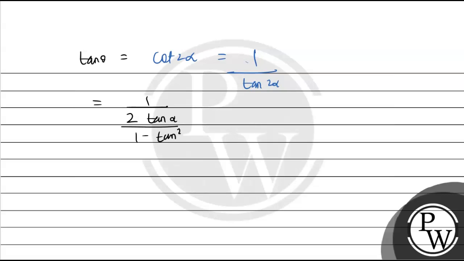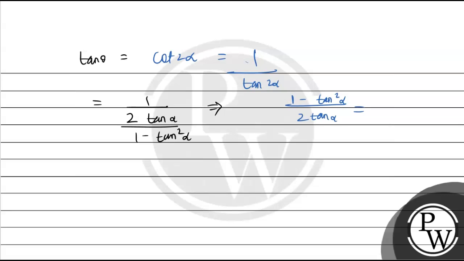Now from the concept of trigonometry, tan theta is tan of pi by 2 minus 2 alpha, so it will basically be cot 2 alpha. Okay, and we can write cot 2 alpha as 1 by tan 2 alpha. Now tan 2 alpha we can again simplify. So it will be 2 tan alpha in the numerator and 1 minus tan square alpha in the denominator. We can rearrange it and we will get 1 minus tan square alpha by 2 tan alpha.